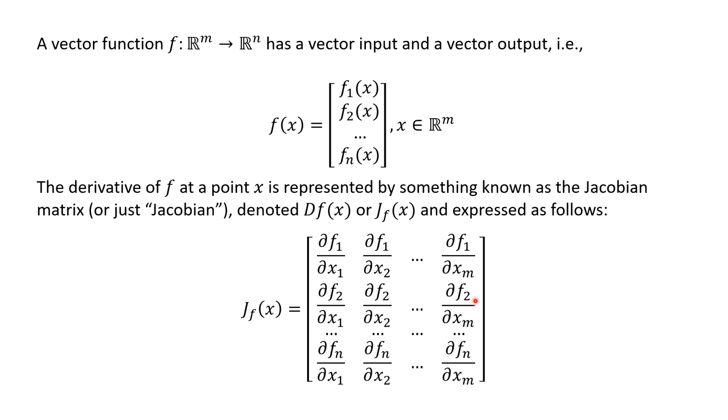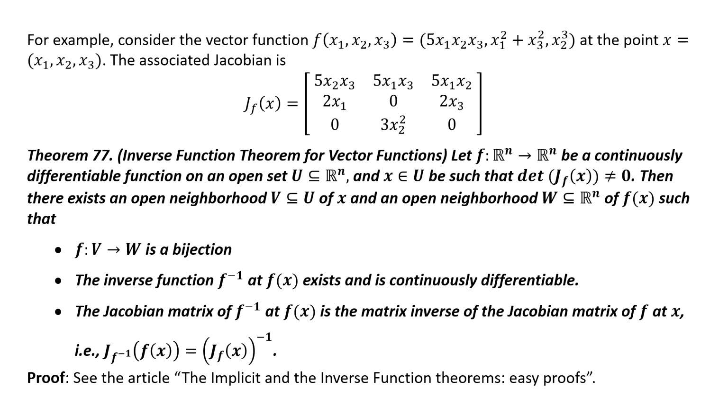And you get another row, and then you keep going until you get to the nth component of the output. And then you take the partial derivative of that function with respect to each of the variables. So you get a matrix like this here. I have an example here and then a rather complicated theorem.